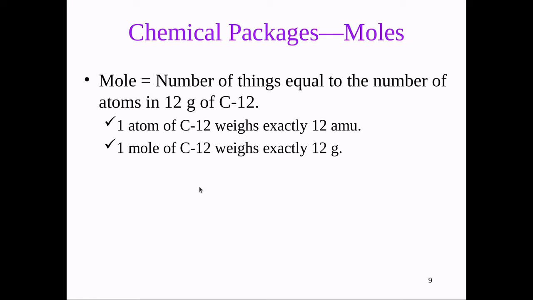So now, if I want to know how many grams a mole of any element weighs, all I have to do is go to the periodic table and look up its atomic mass. Okay? And it makes things a lot easier for us to figure out how much a mole weighs. Okay? And grams are a fairly simple unit that we can measure in our real world, whereas AMU are really, really tiny units that are difficult to work with. Okay?